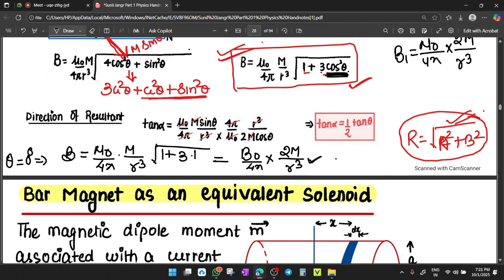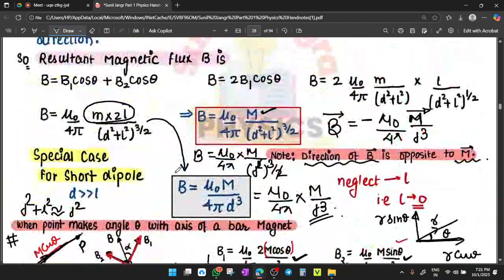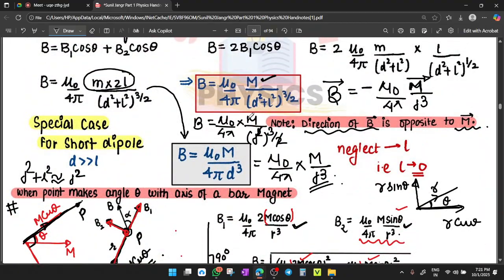You can also take d cube, no problem, these are just symbols. Under root of 1 will be left, which gives 1. So your answer will be B equal to mu naught upon 4 pi into m by d cube or r cube. This was the same result that we derived for the equatorial condition, right?